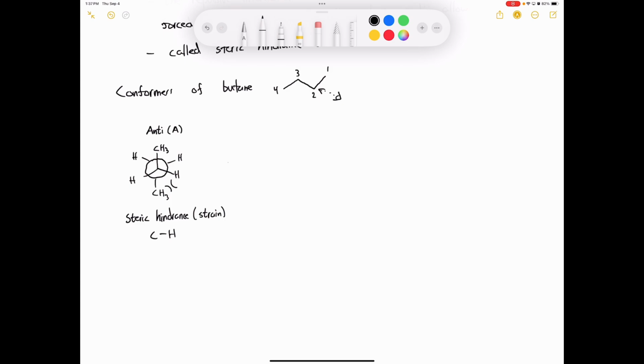If we interconvert 60 degrees here, we're going to get the first eclipsed conformer. This will be conformer B. CH3, H, H, and the methyl group is going to appear right here, and then the H right there. What's present here is steric hindrance.